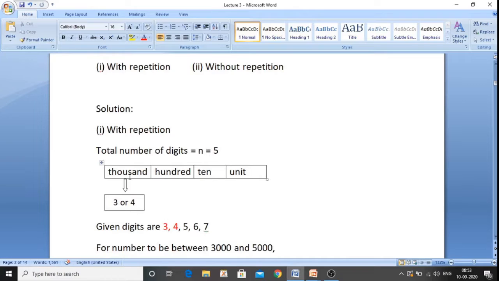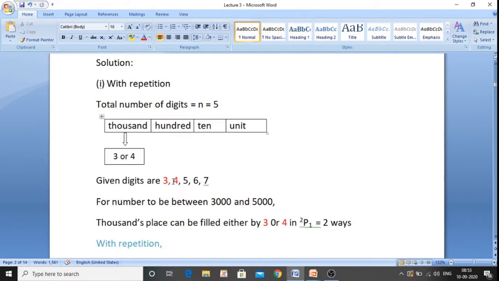So if I am going to place digits, our restriction comes on the thousands place. If I fill the thousands place by 3, then that number will be 3000 something. So it is okay. If I fill the thousands place by 4, then the number will be 4000 something. So that is also okay.